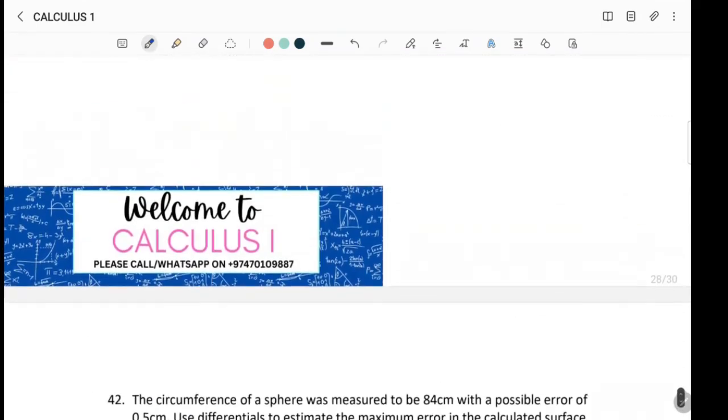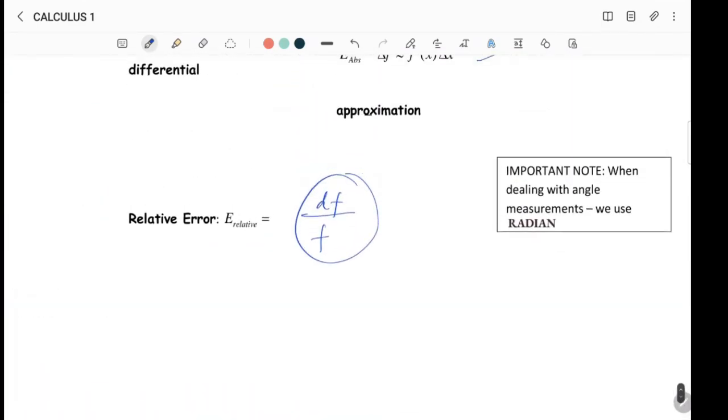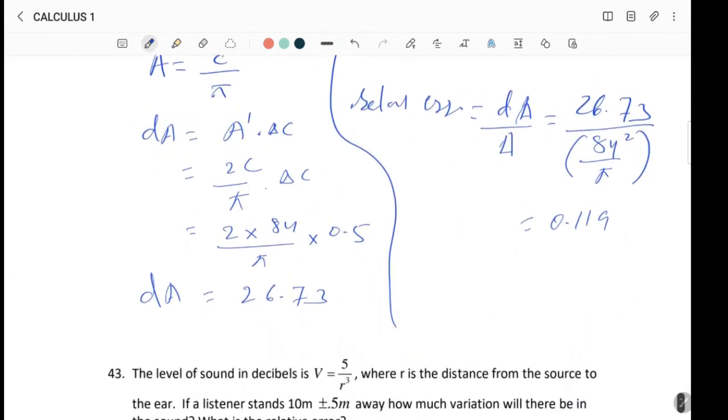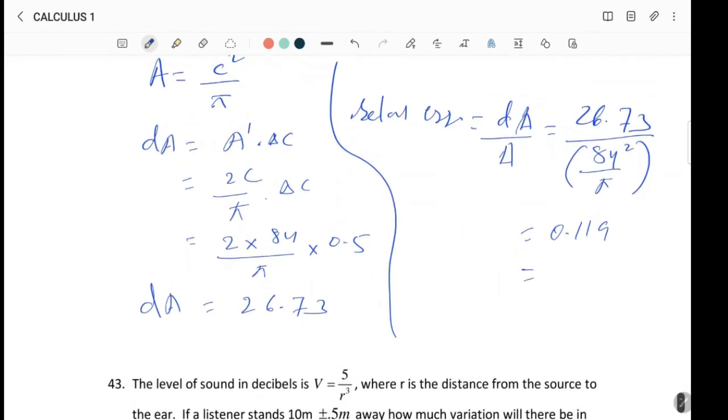But generally for relative error we give df over f, or in percentage, times 100. So we can write either this or 0.0119 times 100. Okay, so how much is it? 1.19% you will get.